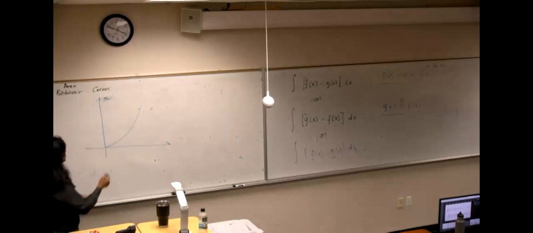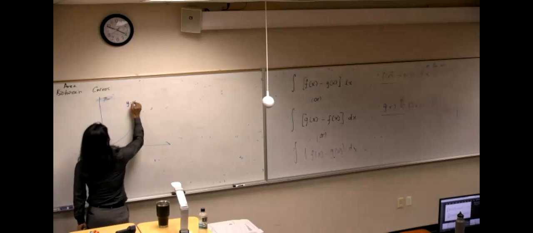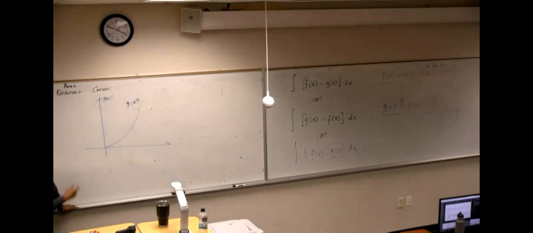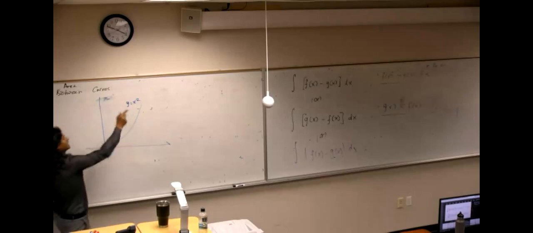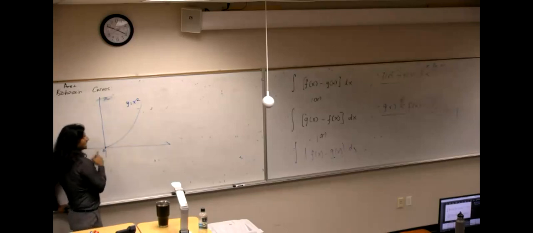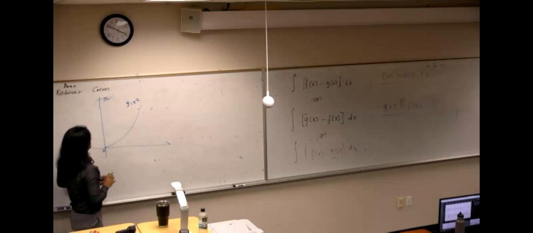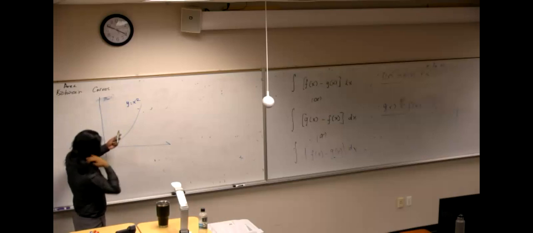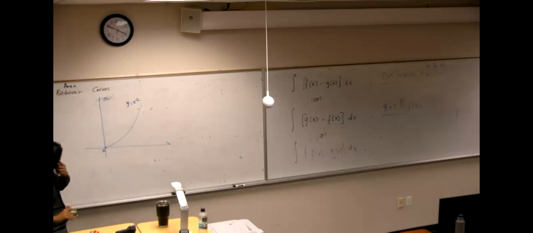Y equals x squared. Agreed? So it can't be exponential because for an exponential curve when x is 0, y is 1. Can't be y equals x because y equals x is a straight line. That's not a straight line, at least in my eye. So y equals x squared.